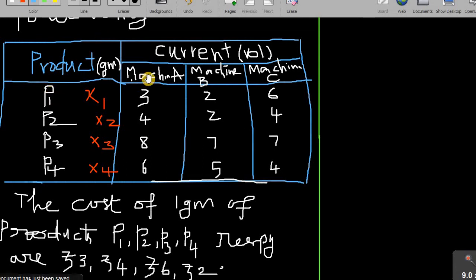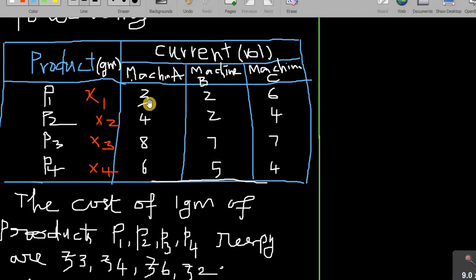So how much quantity of the first product goes to the first machine? We don't know. So 3 into x1 will give you the total consumption of the current for product 1. 4 into x2 will give you the total consumption of the current for product 2. 8 into x3 will give you the total consumption of the current for product 3, and product 4 takes 6x4 as the total current for machine A. Okay, so if you add all of them, the maximum current availability is given.